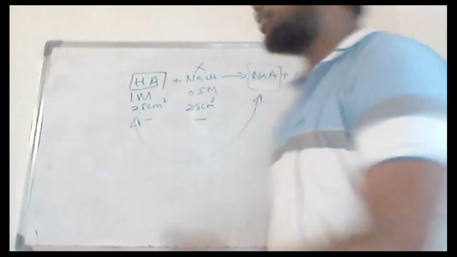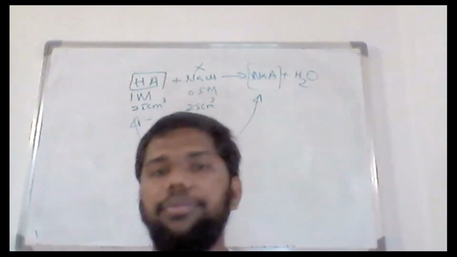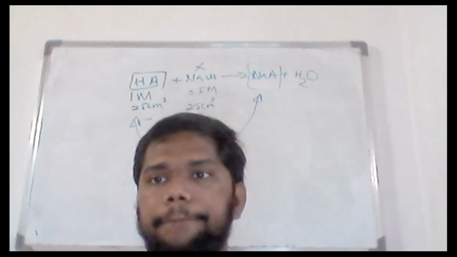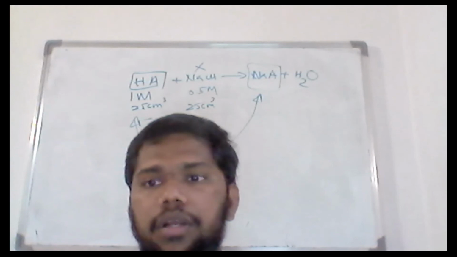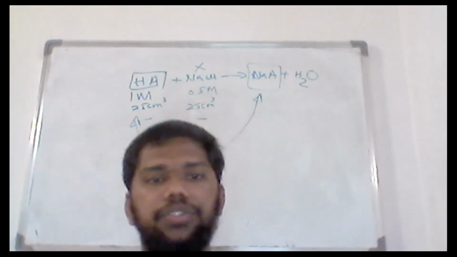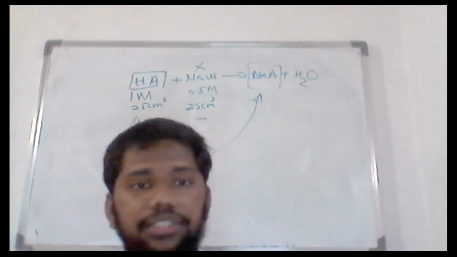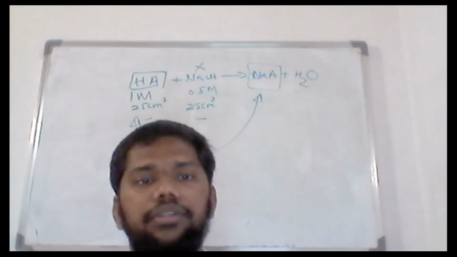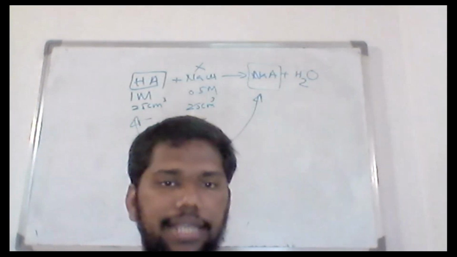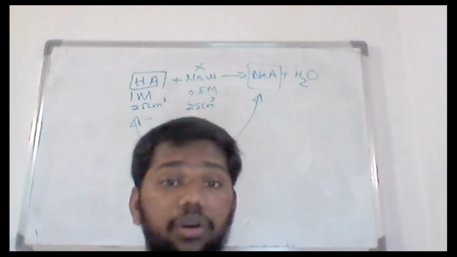What is this solution? You can answer this question I am asking. Please use the chat box to explain, or just tell me what is this solution that is going to form here. You have HA, which is the weak acid, and you are going to add a strong base.